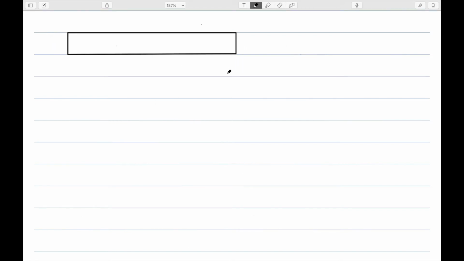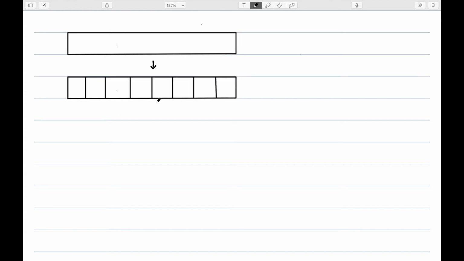To help us visualize this idea, let's start with this rectangular strip. We then break this strip up into 8 equal pieces, and while my pieces are not perfectly equal since I'm drawing this by hand, we can get the idea. Since we have 8 pieces, each one of these pieces represents 1 over 8.